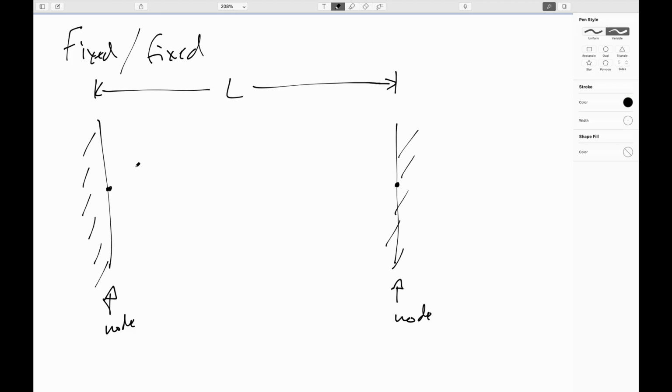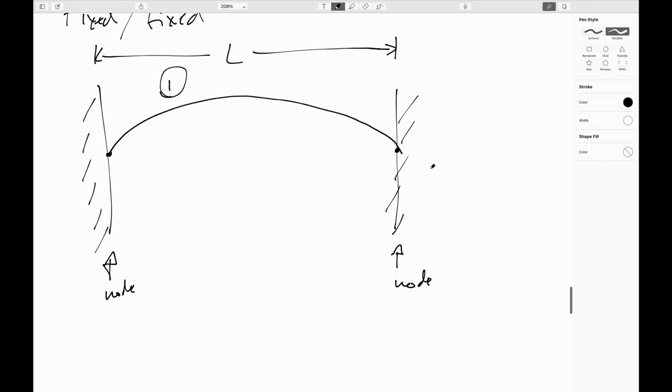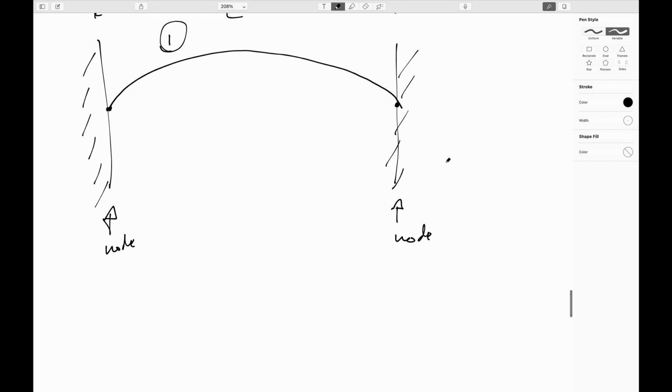All right, so now let's think, what is the longest wavelength I could possibly fit? Well, it would be if I go from just one node to the other like that, so we'll call this case 1. This would be what we call the first harmonic, or the fundamental.